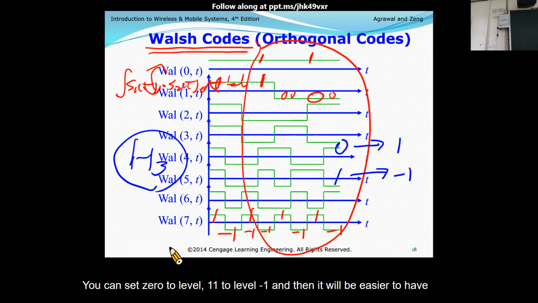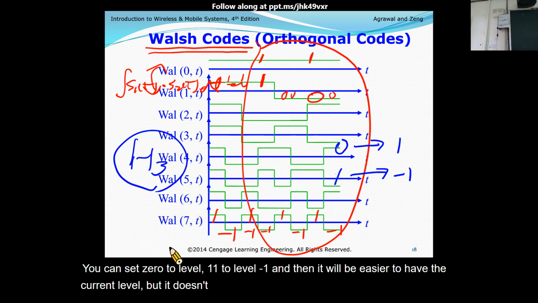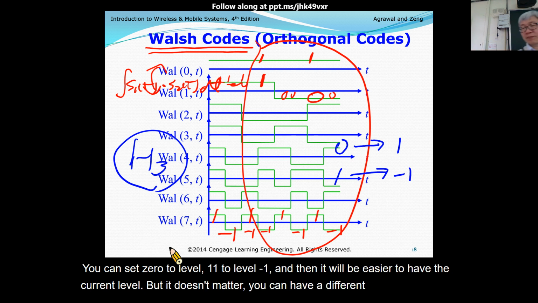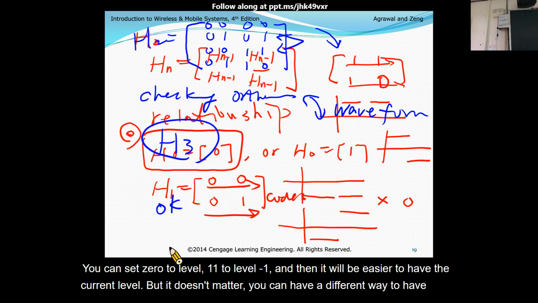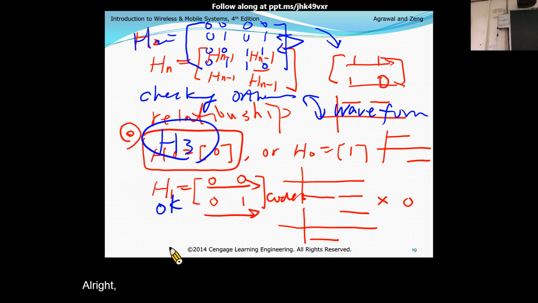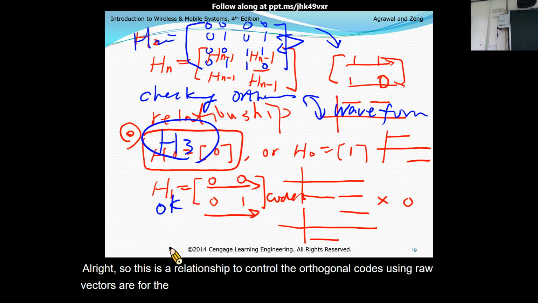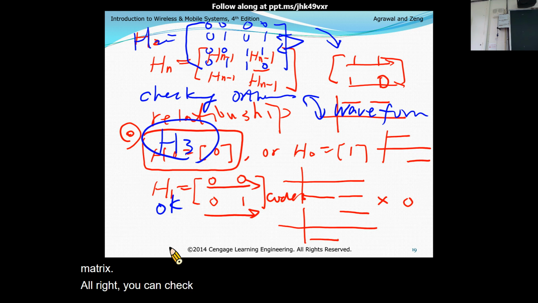But it doesn't matter. You can have a different interpretation. All right, so this is a relationship to construct the orthogonal codes using row vectors of the matrix. We call this matrix the Hadamard matrix. You can check the textbook to find the name of the matrix. It's called the Hadamard matrix.